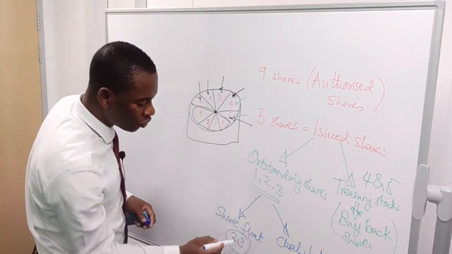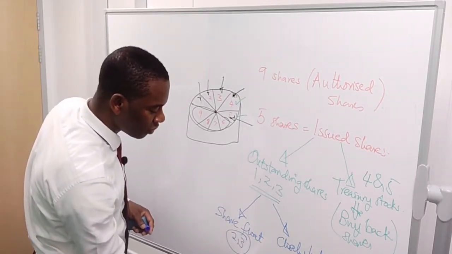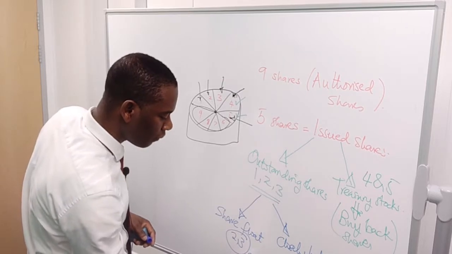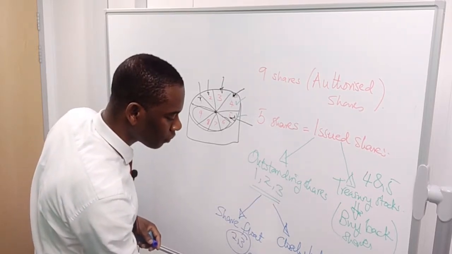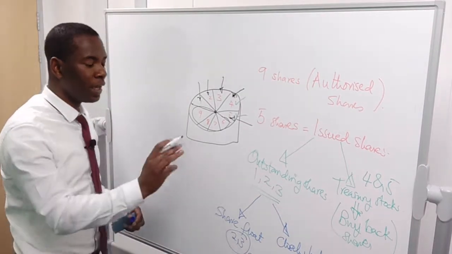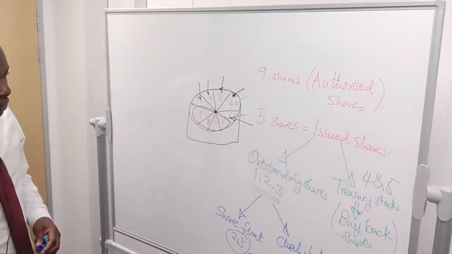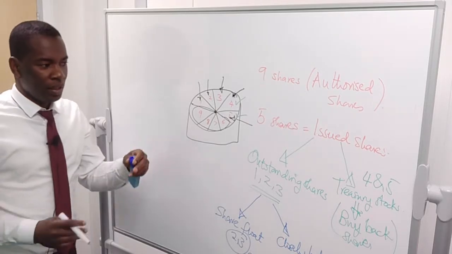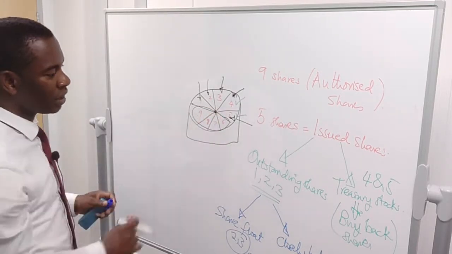So you have 2 floating shares and 1 closely held share. So this is how it looks.